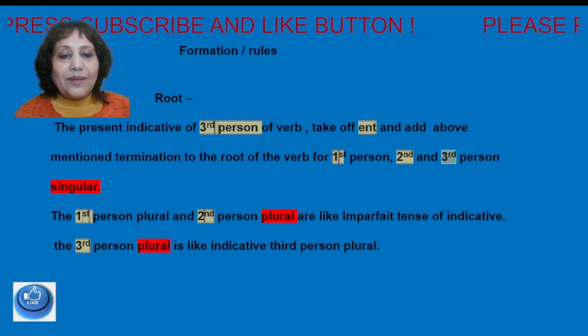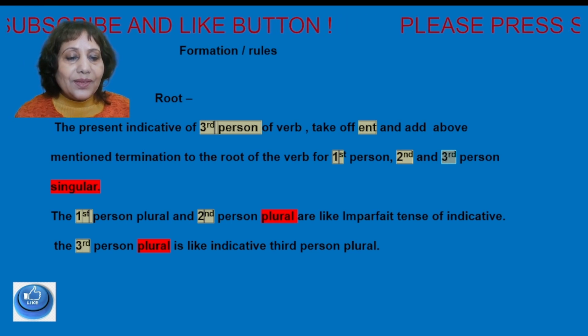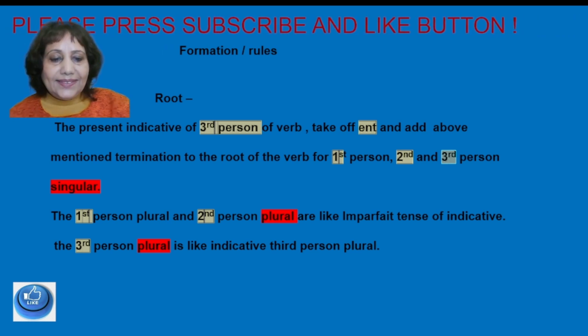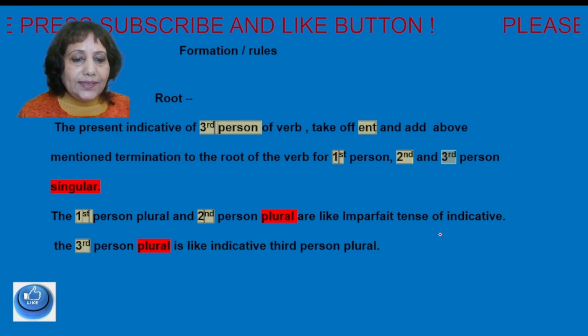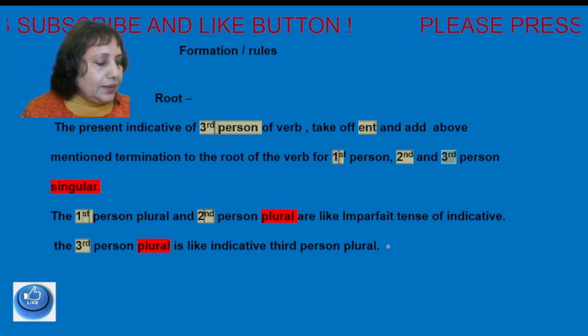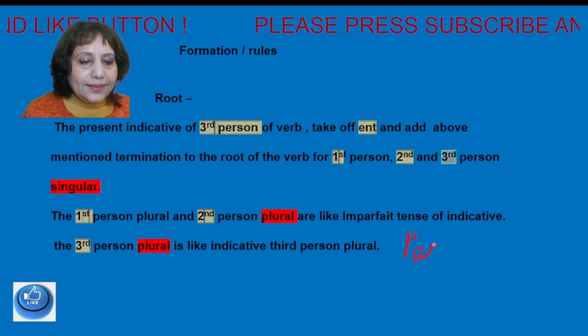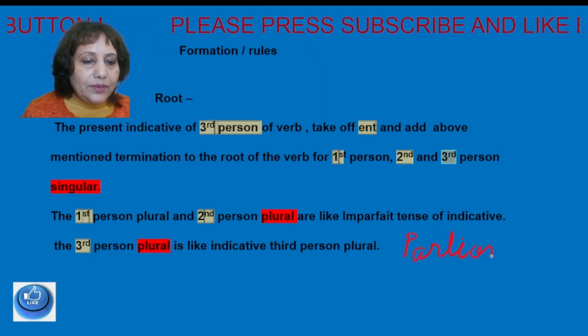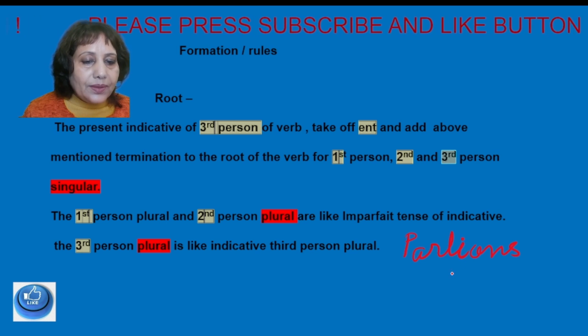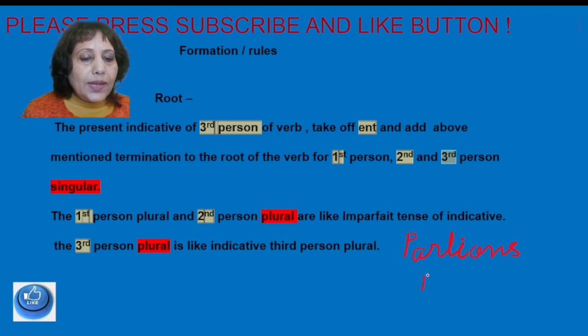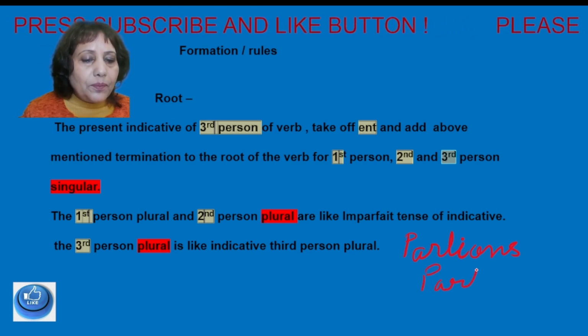Example, I am going to tell you. We will write it down. Suppose we had taken the imperfect of parler, it would have been parlions for nous and for vous, parliez.